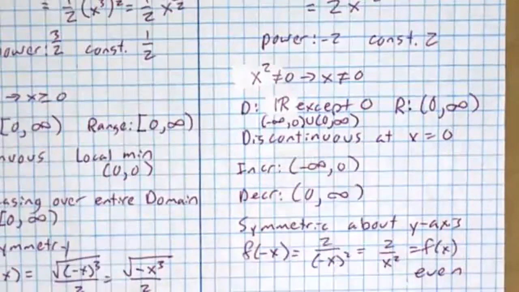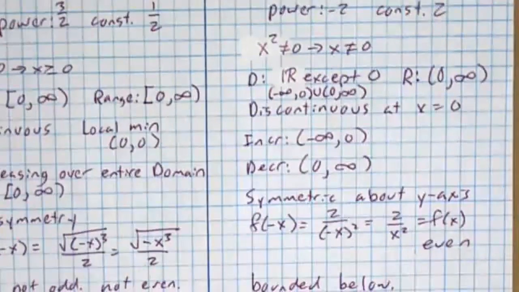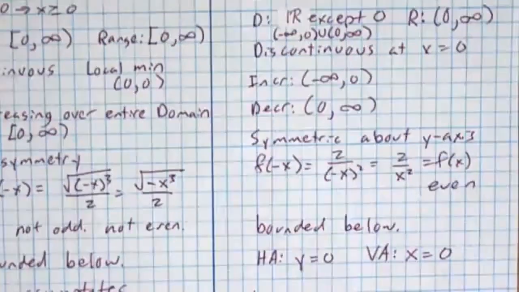This one does have a discontinuity at x equals 0. We don't need to get really specific about what type of discontinuity it is. Just say it is a discontinuity. It would be an infinite jump, but that's not super important. It has some increasing and decreasing. This one did end up being symmetric about the y-axis.